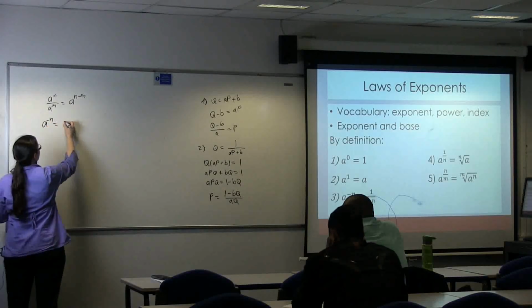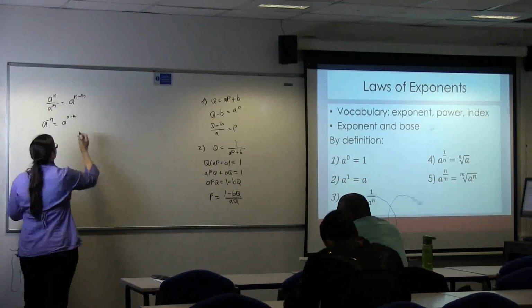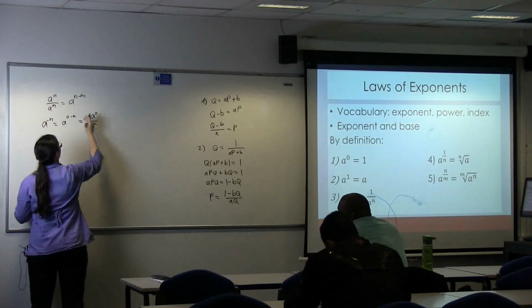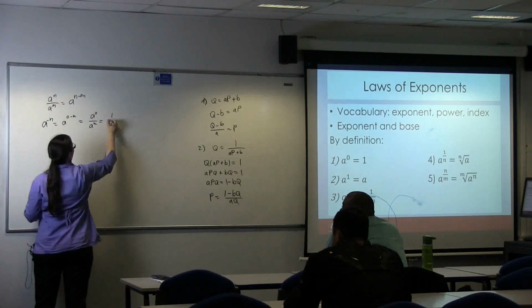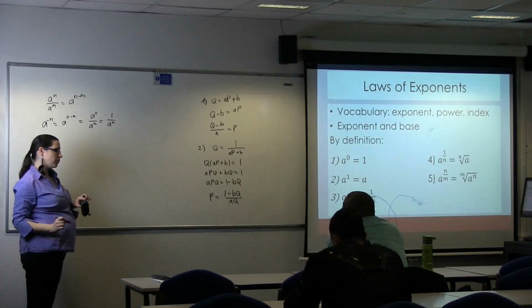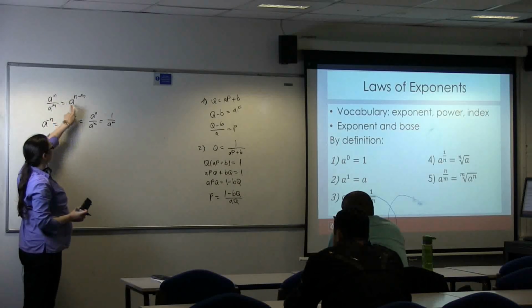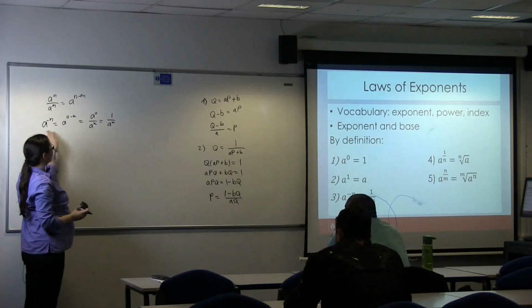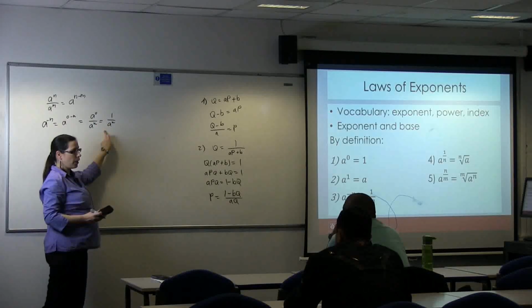Now a to the minus n is nothing else but a to the 0 minus n. Then that can be written as a to the 0 over a to the n because of this rule. And I know that a to the 0 is 1. So strictly speaking, that's not a definition. I can derive it as a special case of this rule. But it's just handy if you remember straight away that a negative power is just 1 over the positive equivalent of that power.